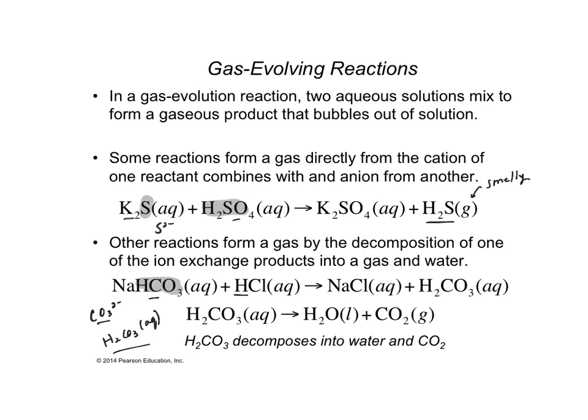The minute it is formed, it decomposes immediately into CO2, which is our gas, and H2O liquid. So if you're ever doing these double displacement reactions where you produce something like carbonic acid, H2CO3, just know that that doesn't really exist. This is what actually exists in reality: CO2 and H2O, these would be the 2 products as opposed to this one.